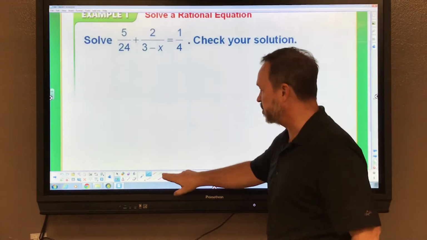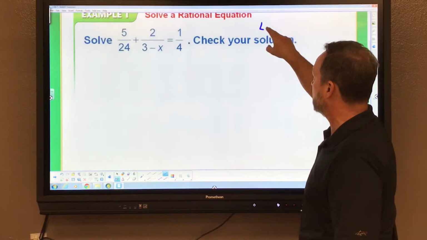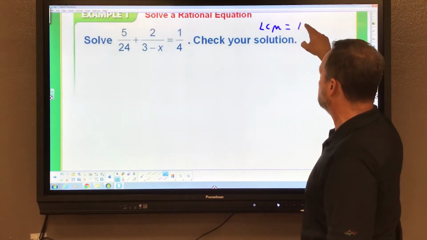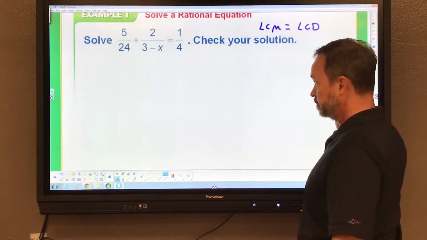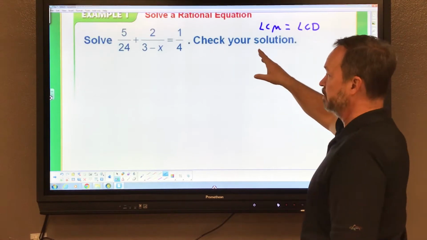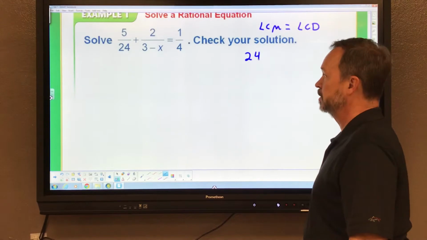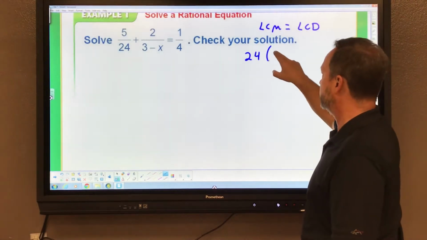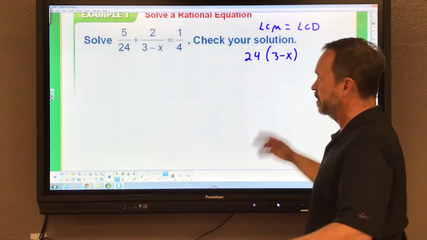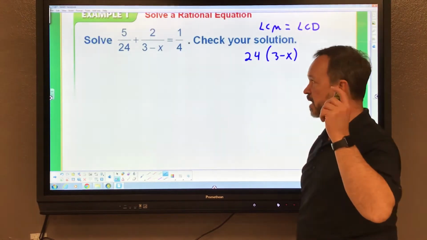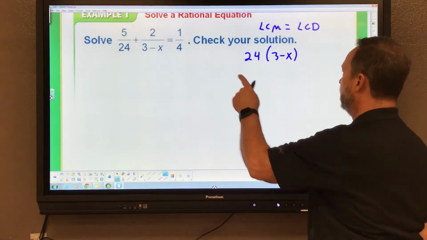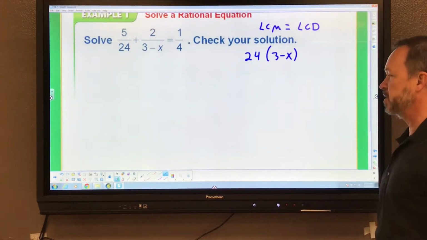A couple of sections ago, we talked about how the least common multiple is the same thing as the least common denominator. So looking at the 24 and the 4, you'd have to have a 24. And then looking at the 3 minus x, where it's found the most, there's 3 minus x. So you're going to have to take all of those fractions and multiply them by this least common denominator.